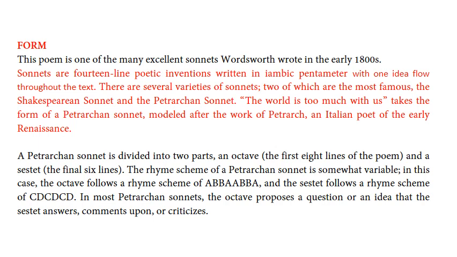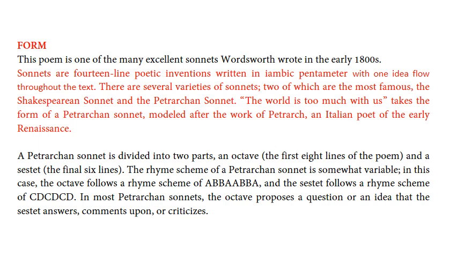This is the octave because it consists of 8 lines. And the sestet, the 6 lines, rhyme with CD, CD, CD. In most Petrarchan sonnets, the octave proposes a question or an idea that the sestet answers or comments upon or criticizes.